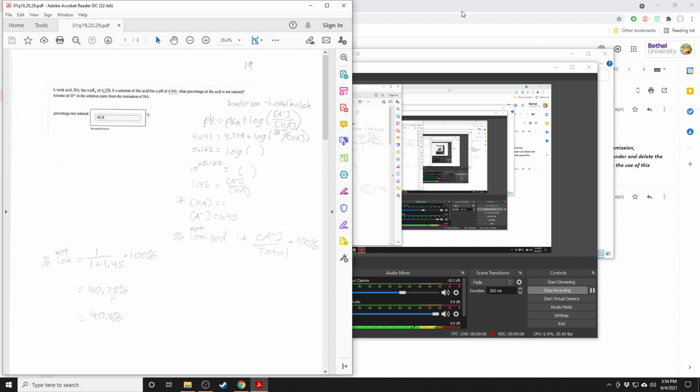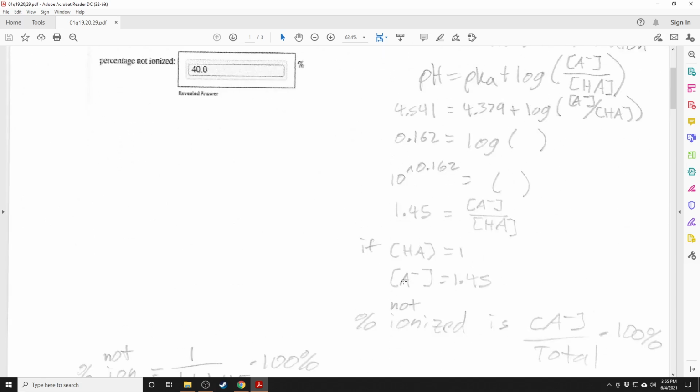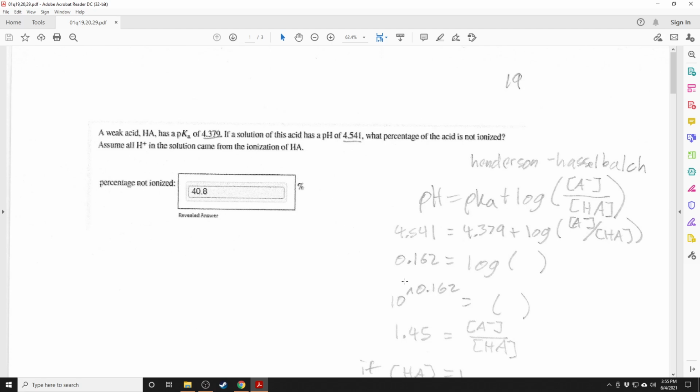Alright, so this right here is going to be the work for each of these problems, and I just went ahead and did all the problems as a single video and as a single PDF because they are very, very interrelated. So all of these problems are Henderson-Hasselbalch problems. They all use the Henderson-Hasselbalch formula.